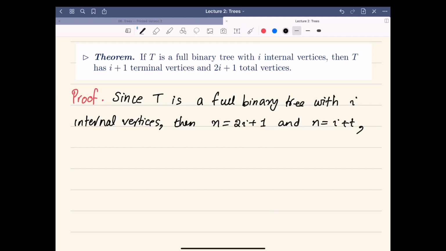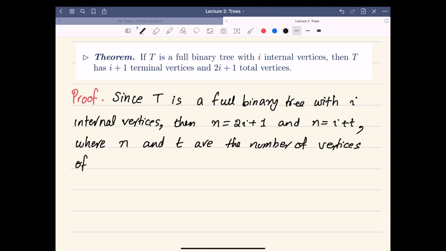Now we need to say what n and t are. So we will say where n and t are the number of vertices of T and the number of terminals of T respectively.